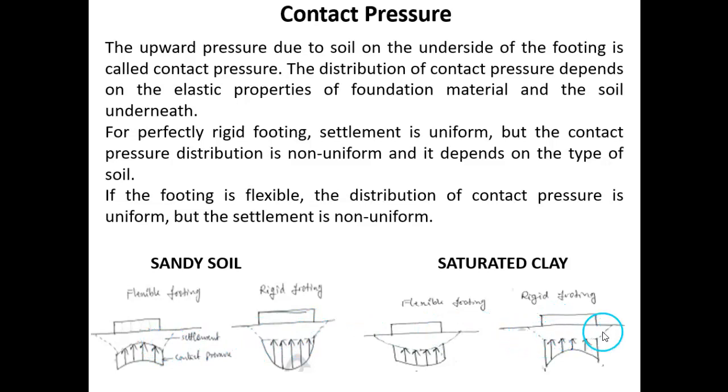See, for all these diagrams, the first part represents the settlement and the second part represents the contact pressure. So in case of rigid footing, the settlement is uniform for both the soils, whereas the contact pressure varies depending on the type of soil.